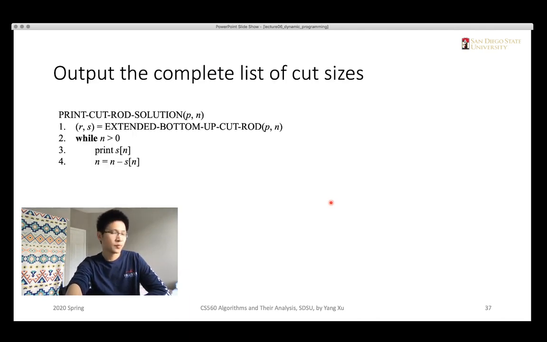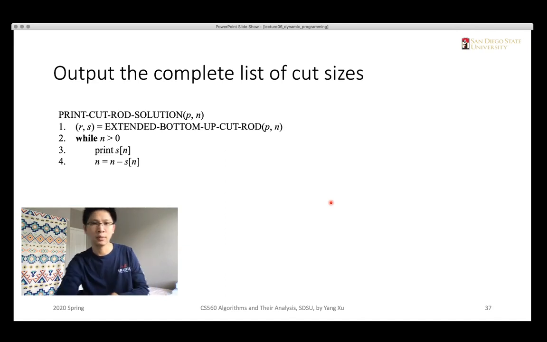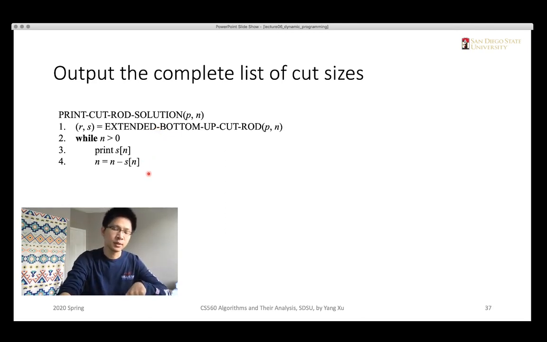Based on this extended version of the bottom-up cut rod algorithm, we can use a helper procedure to output the sequence or the order of cuts that we need to make.